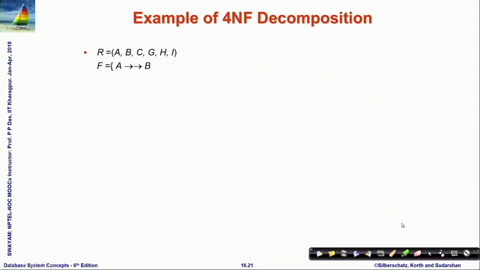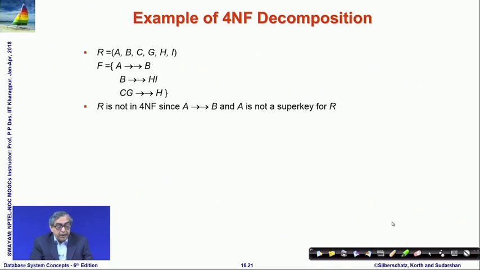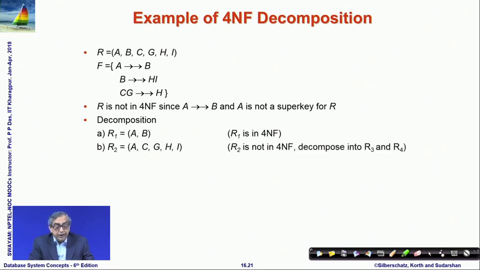Here is a little more elaborate one. Again, I have worked through the steps. There are three multi-valued dependencies, and you can see that A multi-determining B does not hold the condition of 4NF. So, you decompose, get R1 which is in 4NF and the remaining R2 which is not in 4NF.